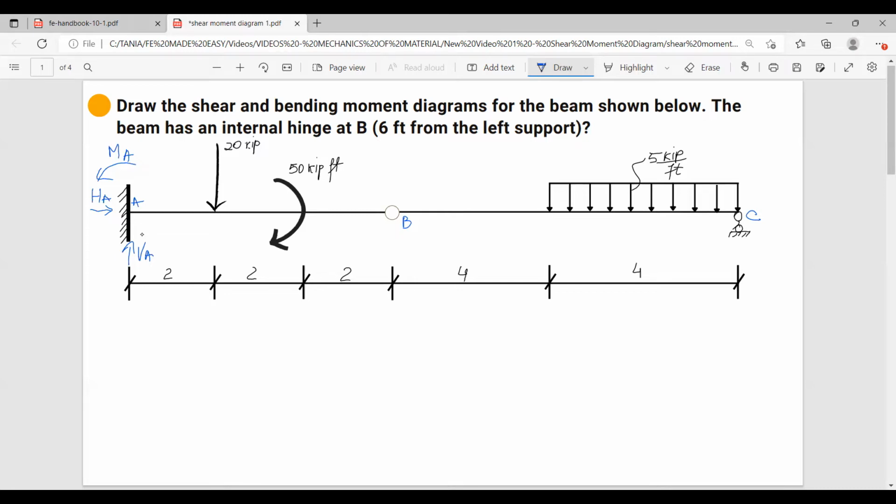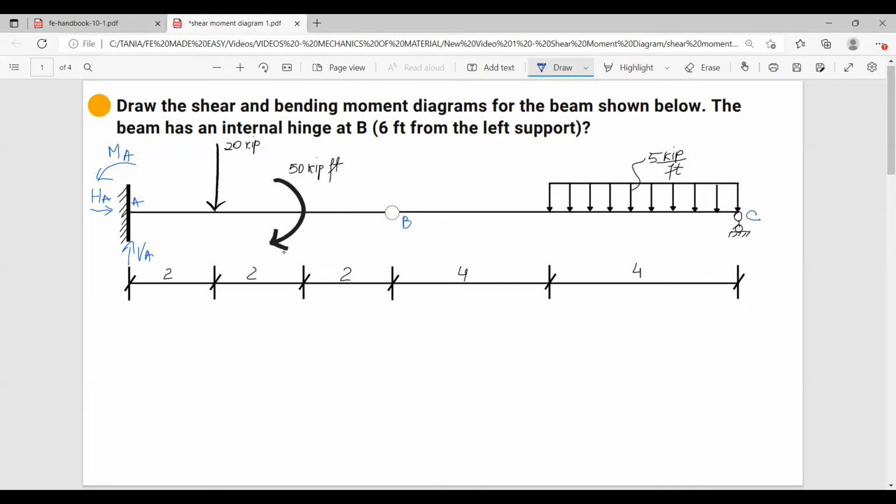And this hinge has 2 reactions, horizontal and vertical. So if we take this side, we're actually not going to be able to solve it. So that's why we're going to take first this side and then the other side.